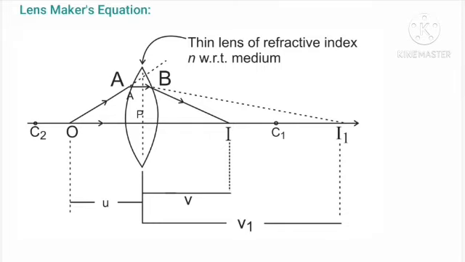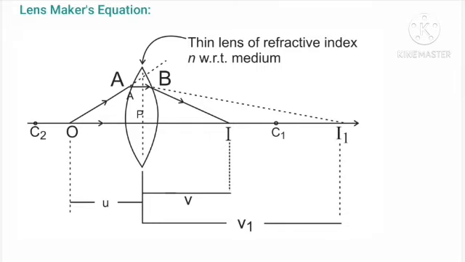The normal is drawn on the front surface of the lens, and the ray will eventually meet the principal axis at I1. We can see that line as a dotted line, and this is the virtual image formed because of the first surface of refractive index n.